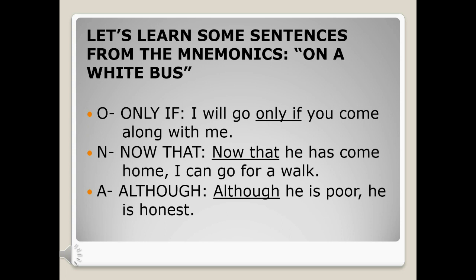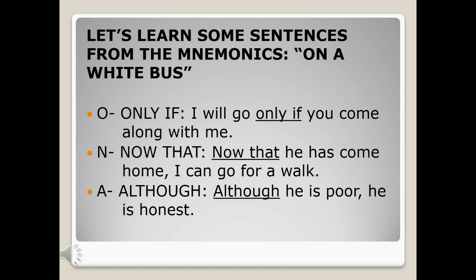Let's learn some sentences from the mnemonic on a white bus. O, only if. Sentence: I will go only if you come along with me. N, now that. Sentence: now that he has come home, comma, I can go for a walk.